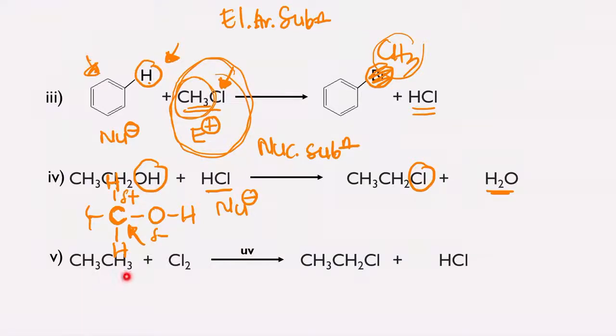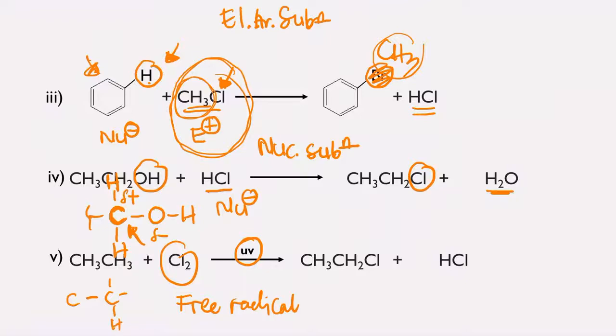Okay. Number 5. Asal awak nampak UV ni je, Cl2, it means that it is a free radical. Okay, so free radical apa? Substitution ke, addition ke, elimination ke, apa lagi, apa-apalah, whatever. So here you have CH3 CH3. So maksudnya awak ada hydrogen kan, betul tak?